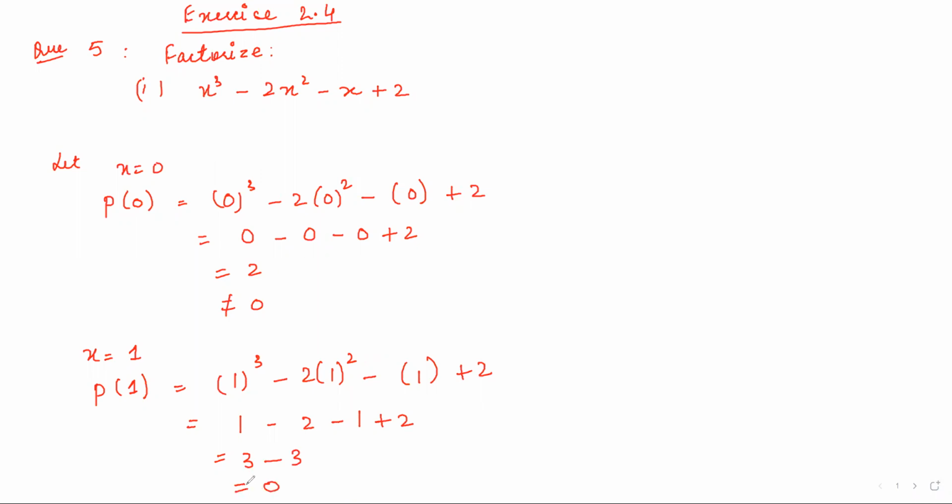So in this case, my value of polynomial is equal to 0. Therefore, x minus 1 is a factor of p(x), isn't it? Let's say this is your p(x). Is this clear to everyone?